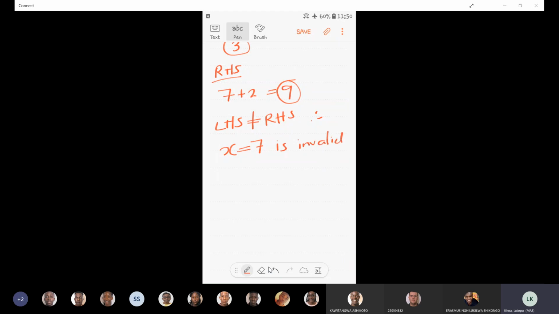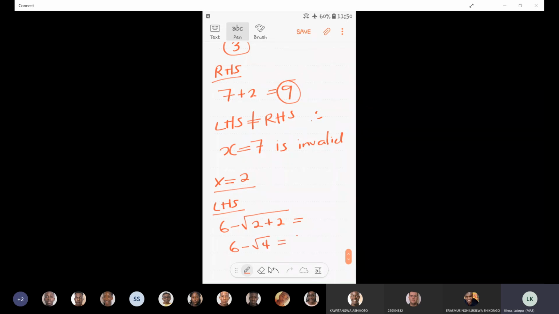And then I do the same thing with x is equal to 2. When x is equal to 2, on the left hand side I have 6 minus the square root of 2 plus 2. This is equal to 6 minus the square root of 4.